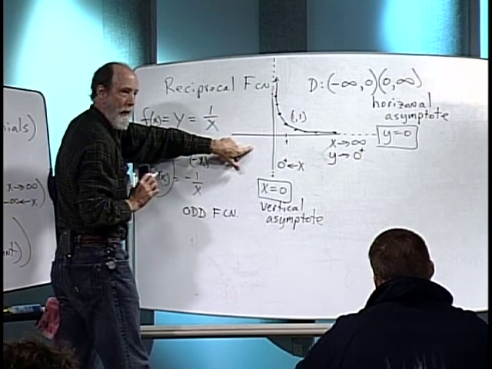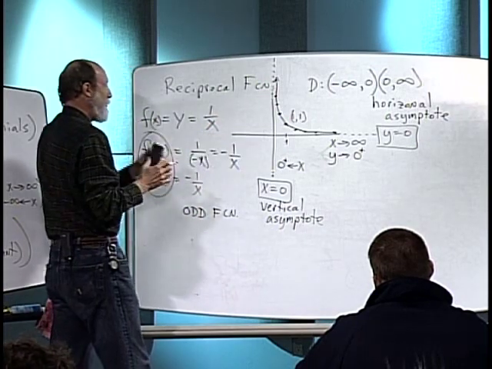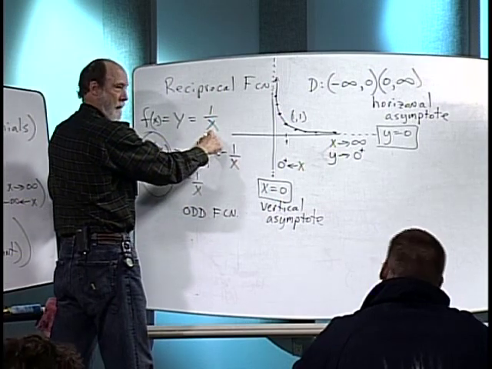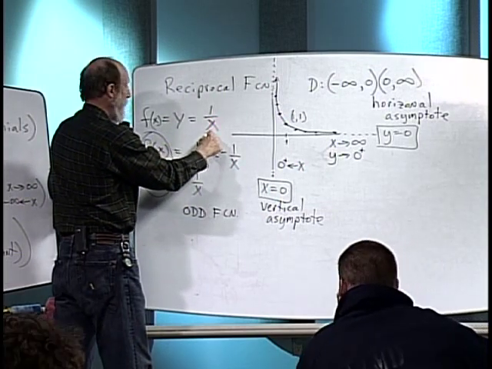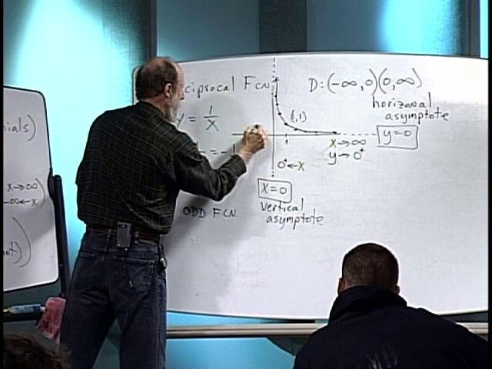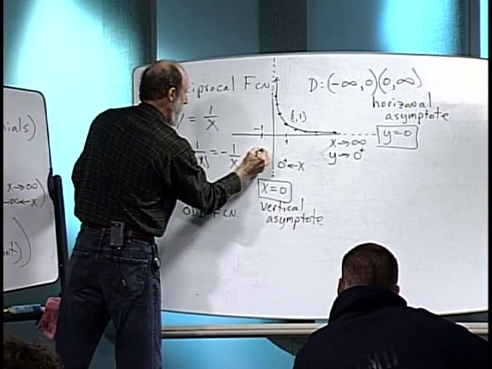If you did not understand that, all you have to do is plot points with negative x values. If you put -1 in for x, you get -1.